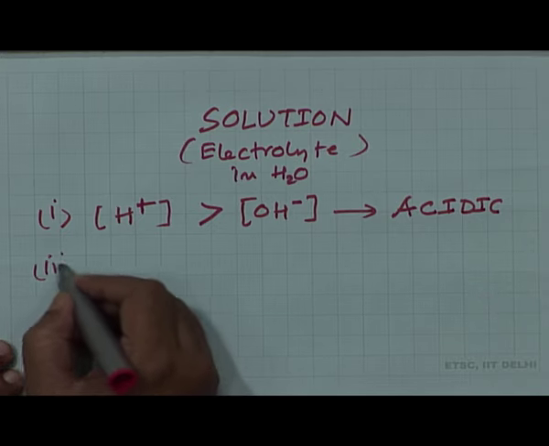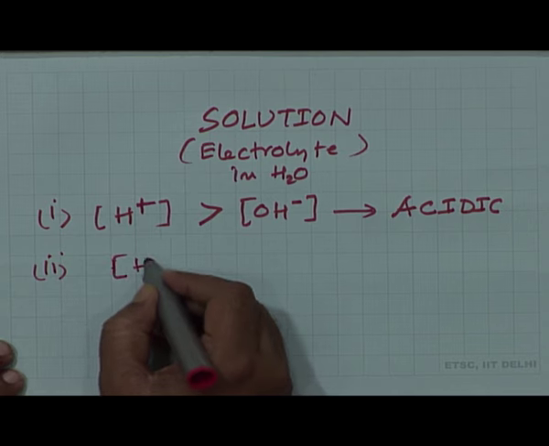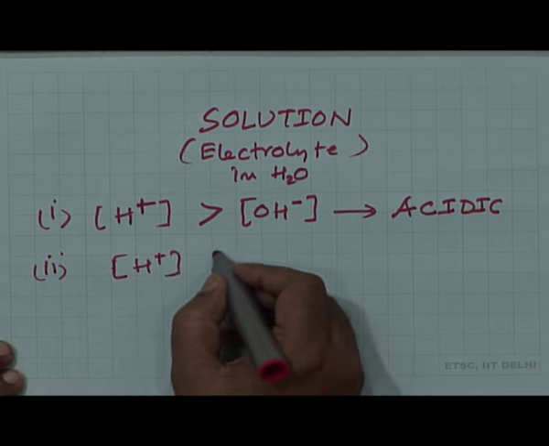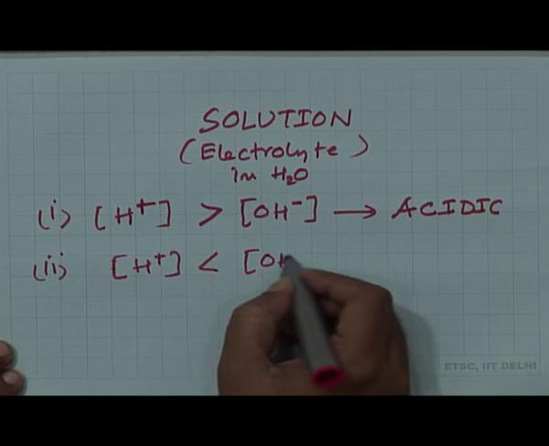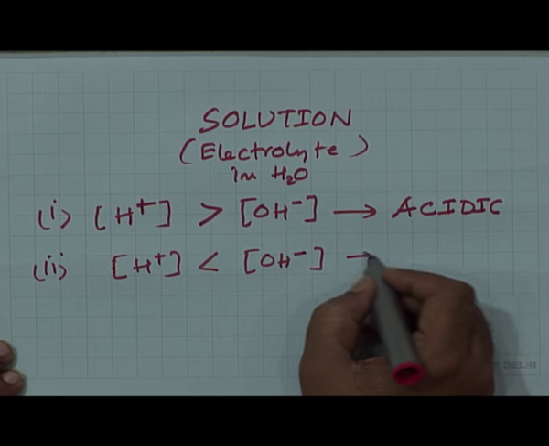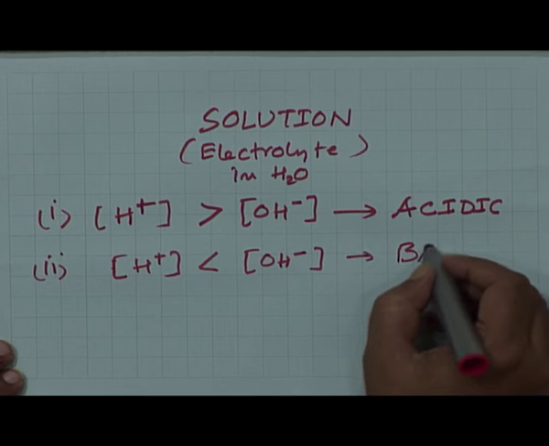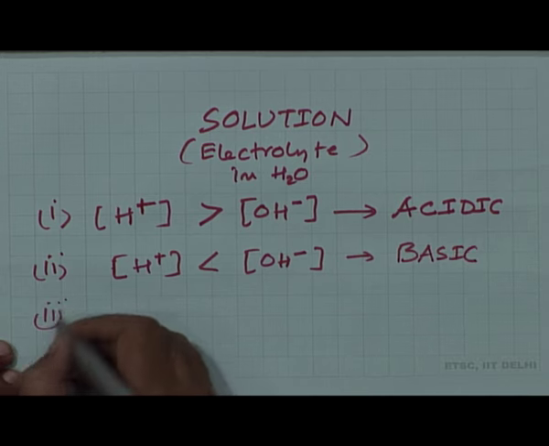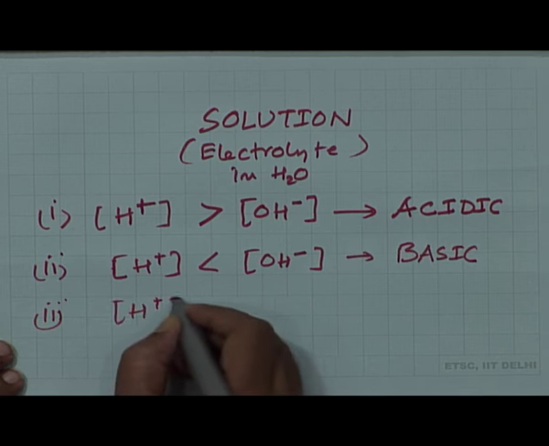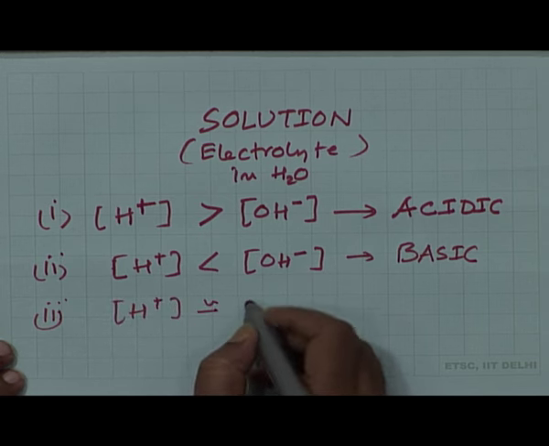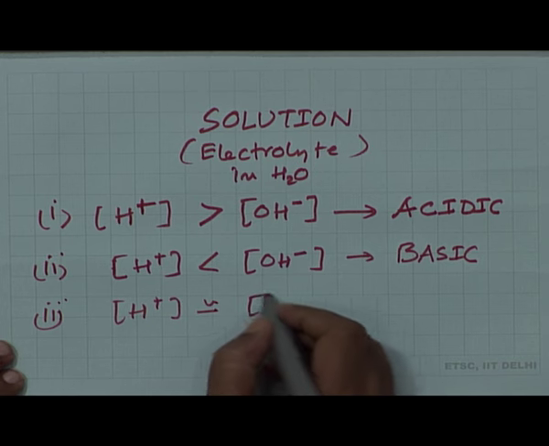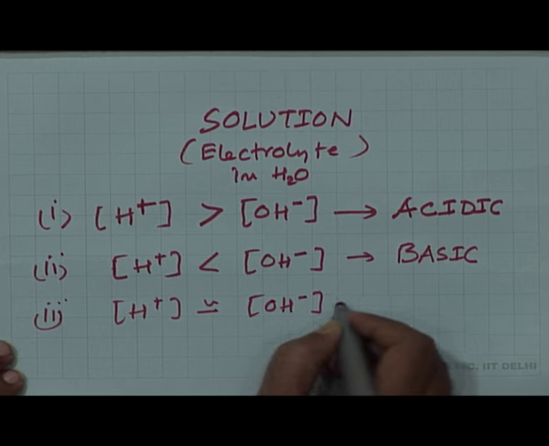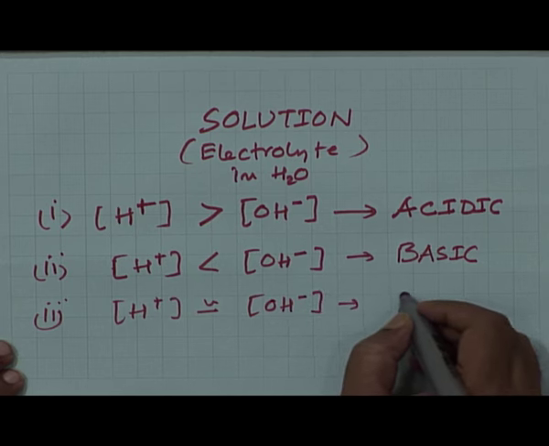Second, when the concentration of H plus ion is less than the concentration of OH minus ion, then we say the solution is basic. Whereas, when H plus ion is almost equal to OH minus ion, then the solution is called neutral.